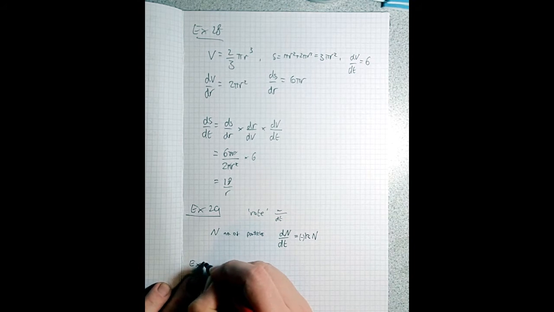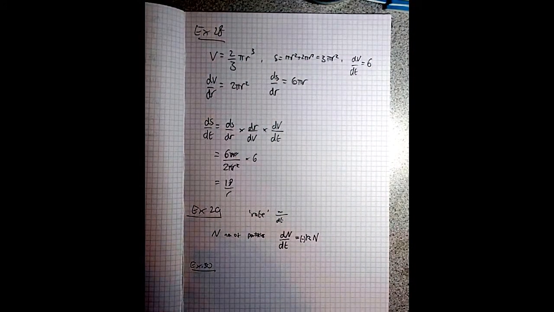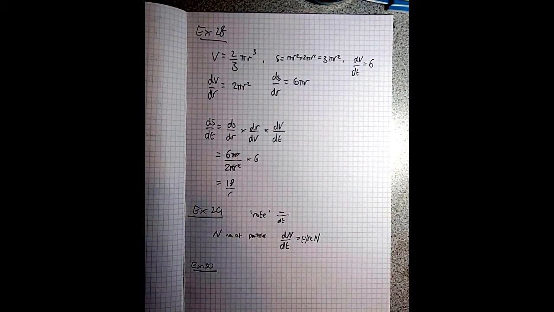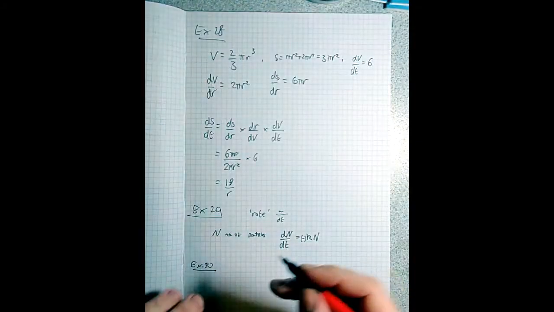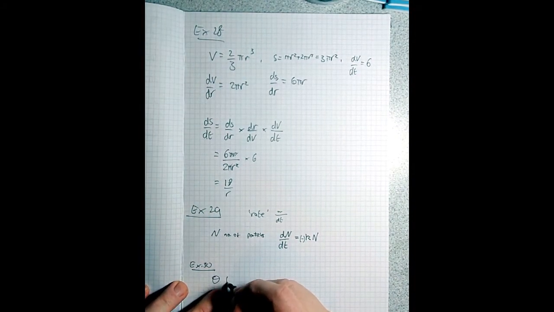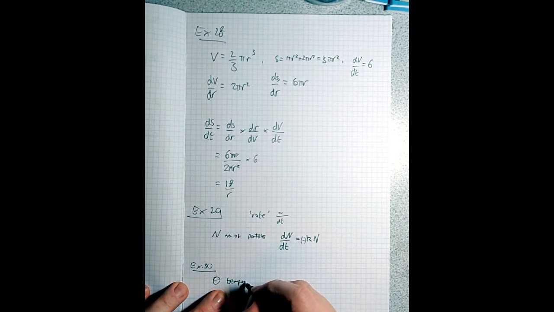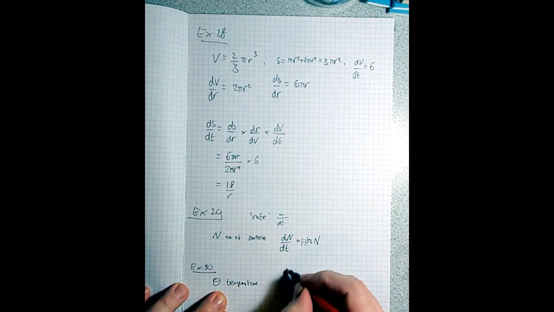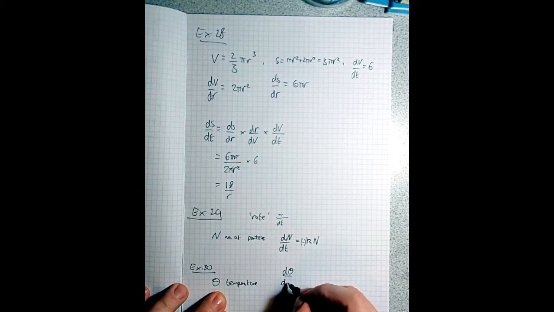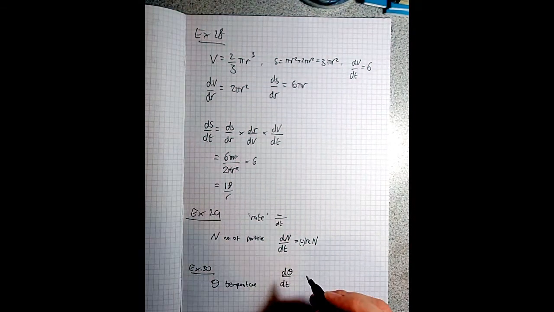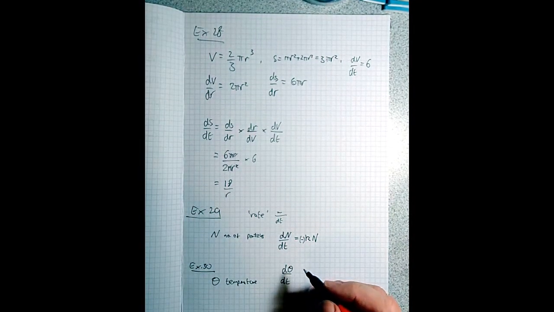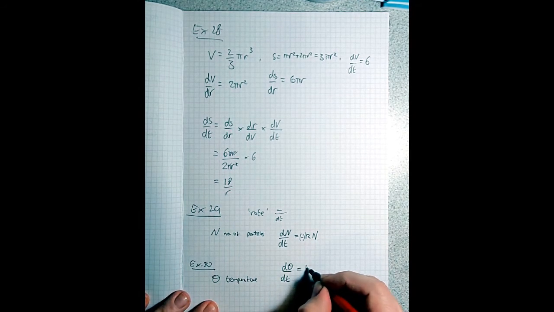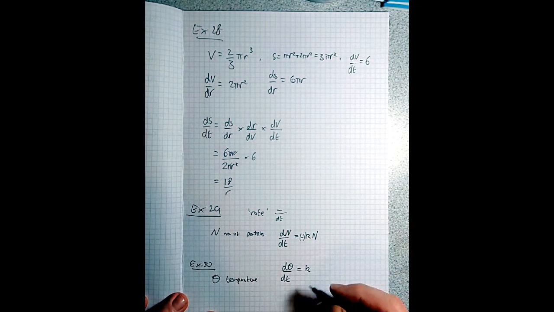Example 30. Newton's law of cooling states that the rate of loss of temperature of a body, so let theta be the temperature, the rate of loss of temperature, so d theta over dt, which we know will be negative, is proportional to the excess temperature over the surroundings.